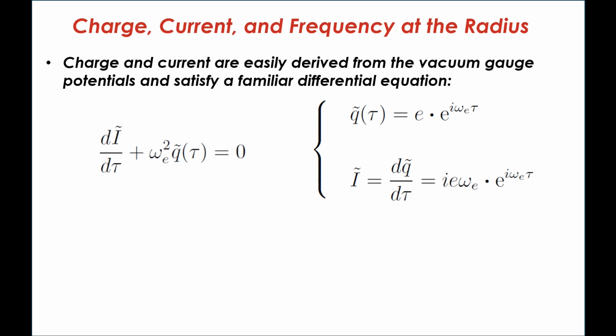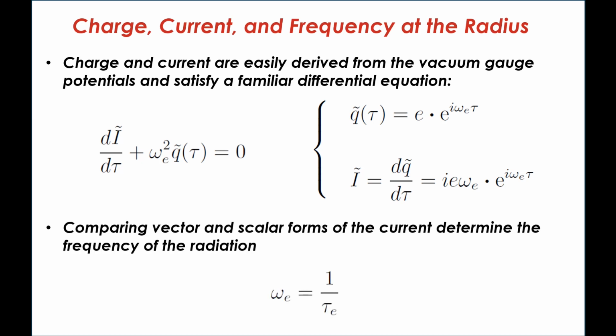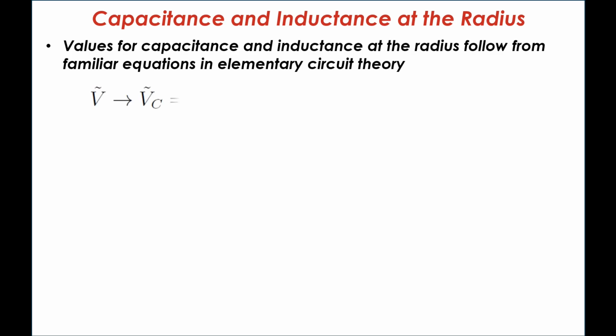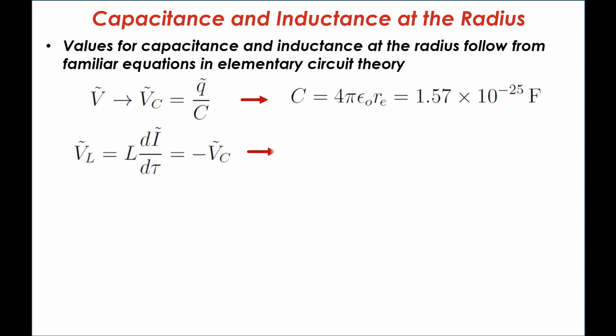If we compare the scalar current here with the vector current shown previously, this determines a simple expression for the frequency of the radiation. Now let's determine capacitance and inductance at the radius, which both follow from well-known equations in elementary circuit theory. Numerical values for both are extremely small, which seems appropriate for an elementary particle like an electron.